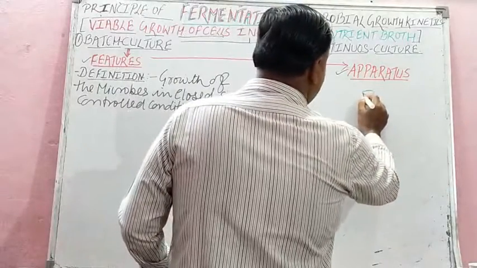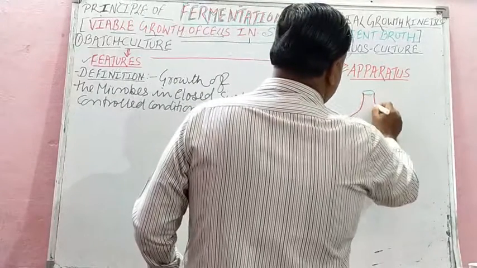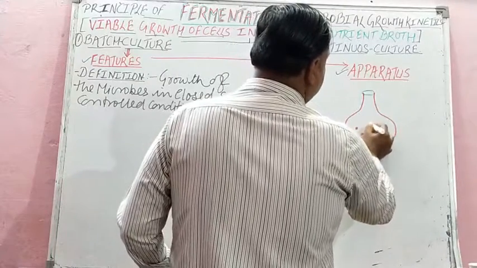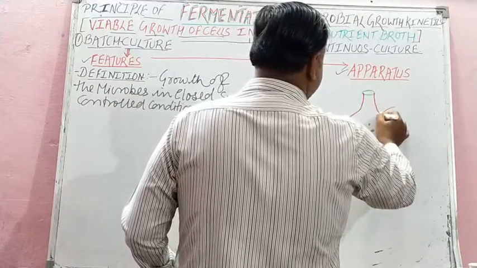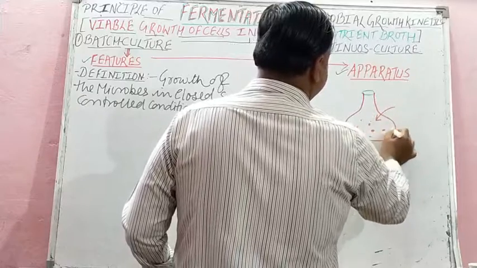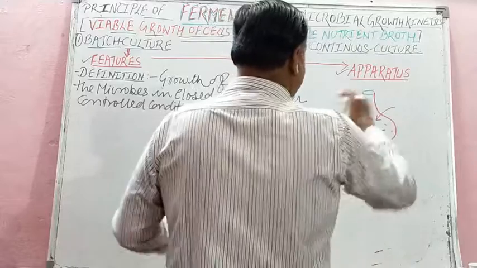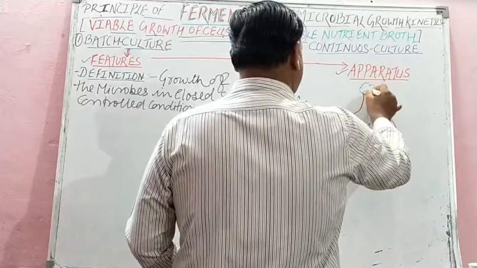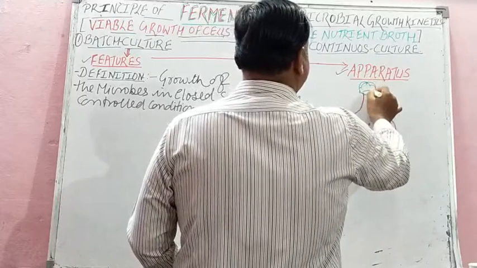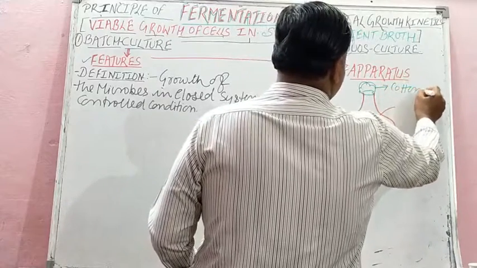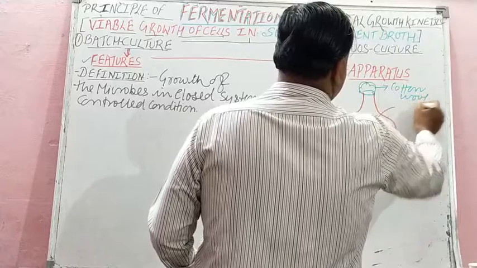Like we have a conical flask. In this conical flask we take microbial cells and we add nutrient broth and we close it by means of sterile cotton wool, isn't it?